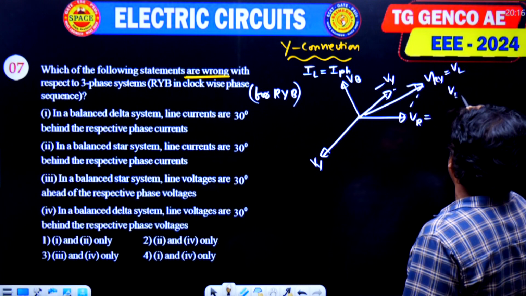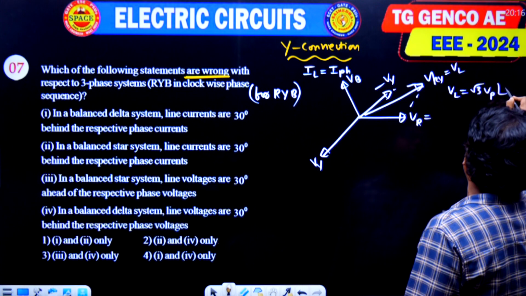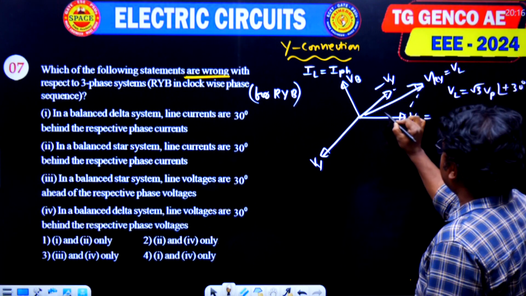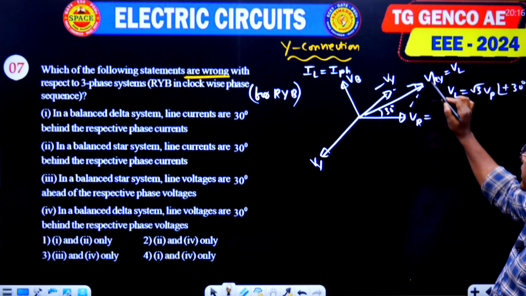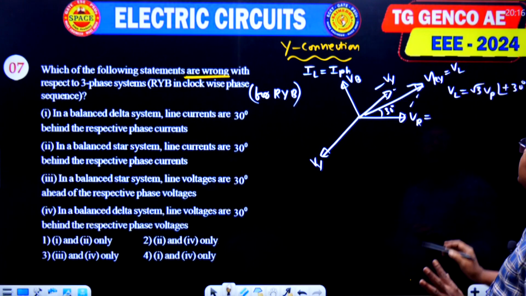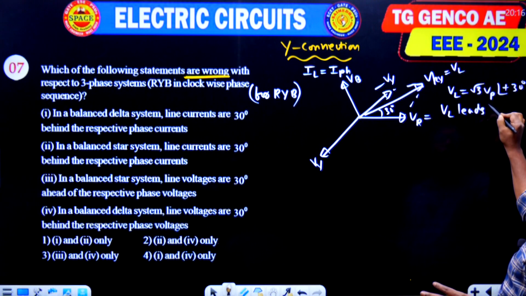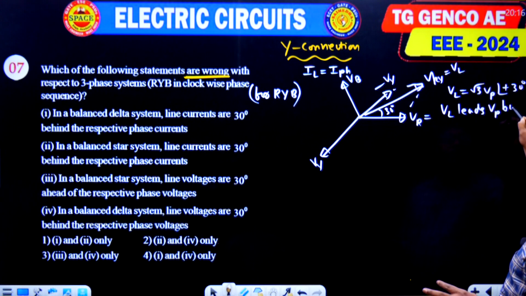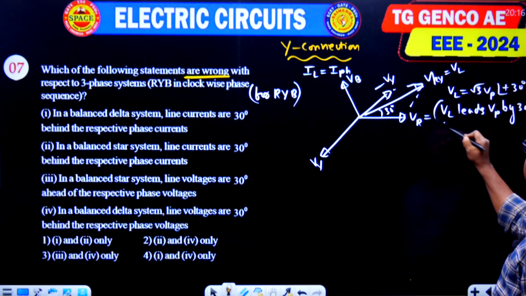This line voltage is equal to √3 times the phase voltage at plus 30 degrees, that is, this angle is equal to 30. That means the line voltage leads the phase voltage by 30 degrees, VL leads V phase by 30 degrees, for the positive or clockwise phase sequence. And this is the correct statement.